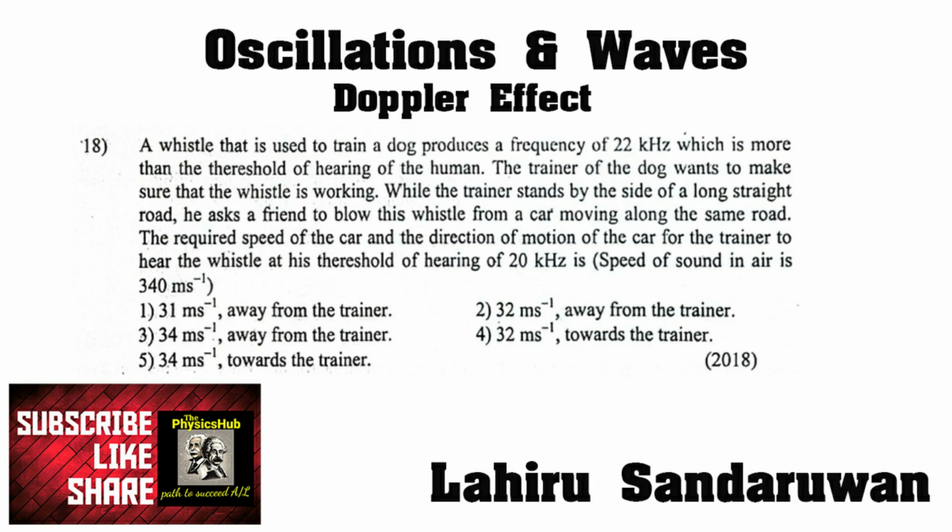He intends to blow this whistle from a car moving along the same road. The required speed of the car and direction of motion of the car of the trainer, so as to hear the whistle at the threshold of hearing, 20 kilohertz. They have given the speed of sound in air as 340 meters per second.